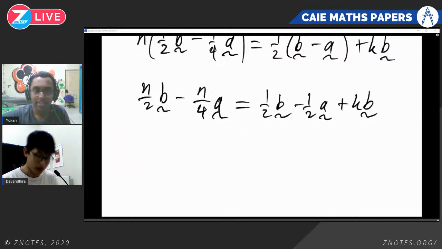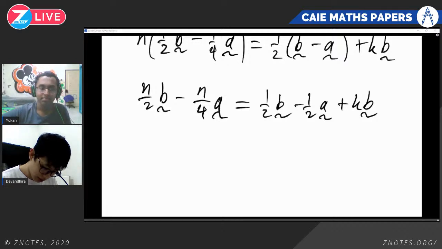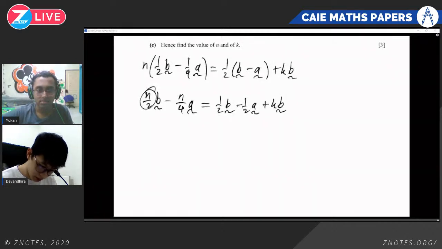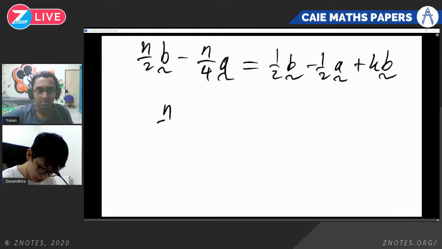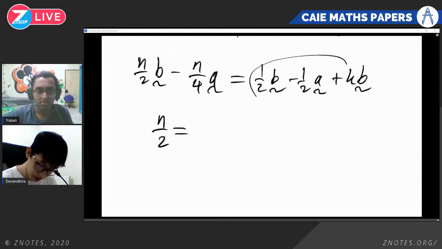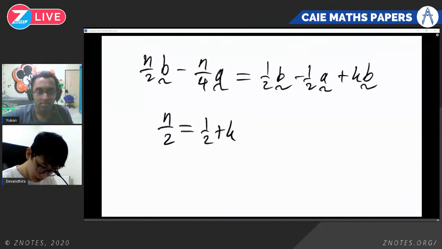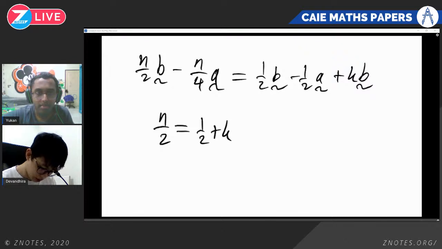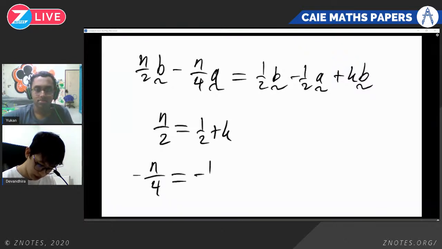Yeah. So on the left we have n over 2 is equal to, what's the B here? We have half n k. So we have half k. What about another equation? We have negative n over 4 is equal to negative 1 over 2 from here.